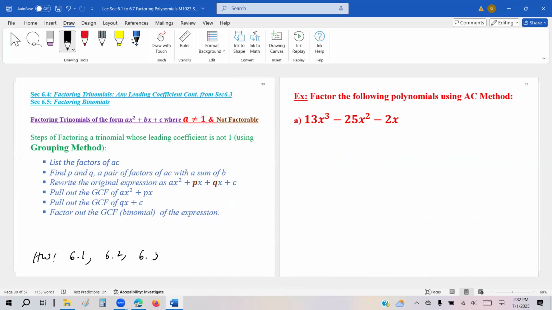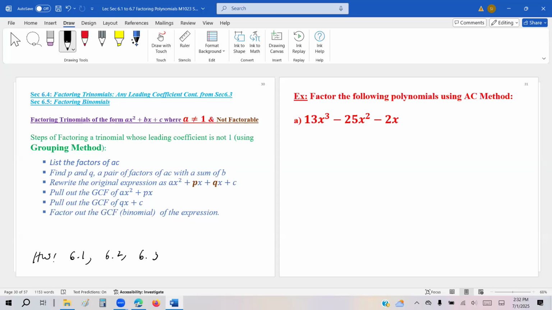Quadratic formula comes only when it says solve for x. Here it says factor the polynomial. When it says factor, you have GCF, trial, AC, and what else? Grouping. So we have these 4 methods.